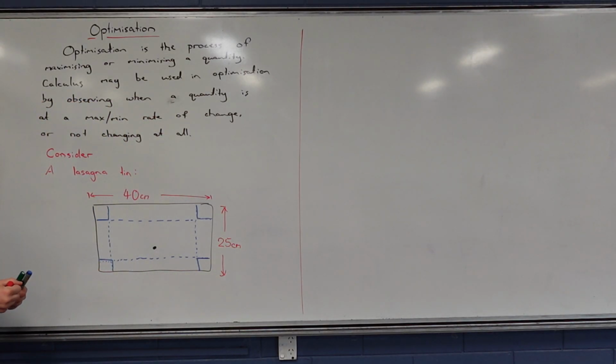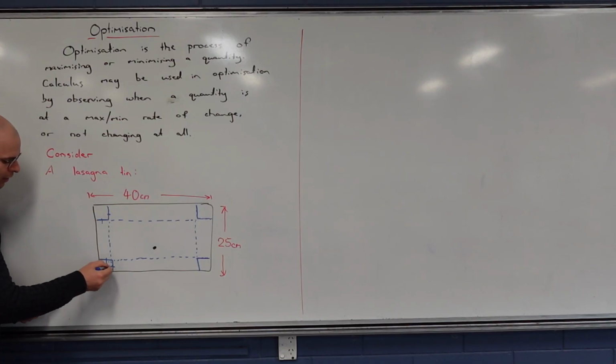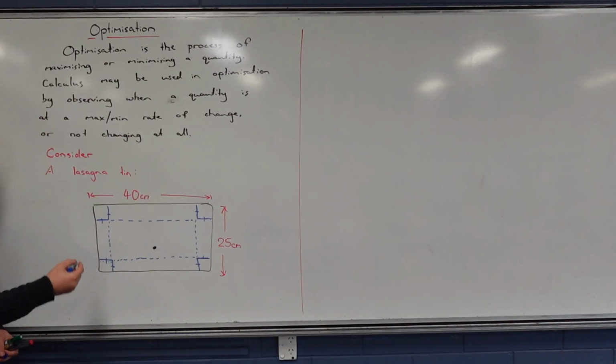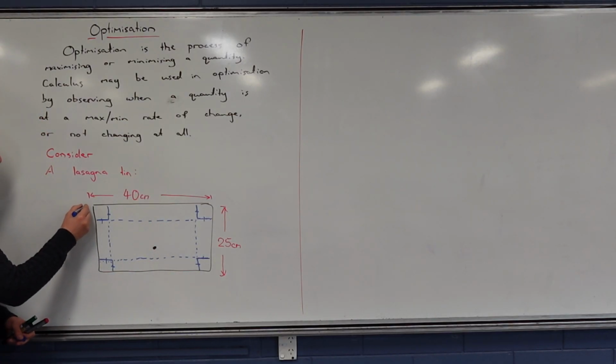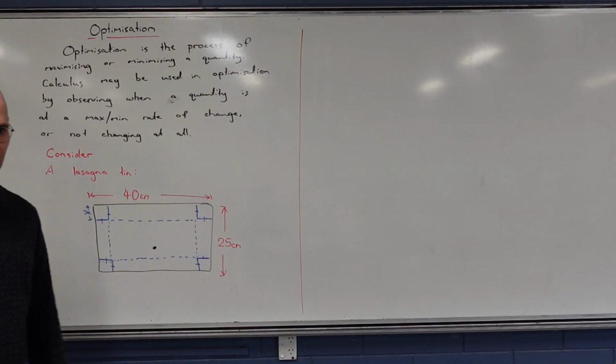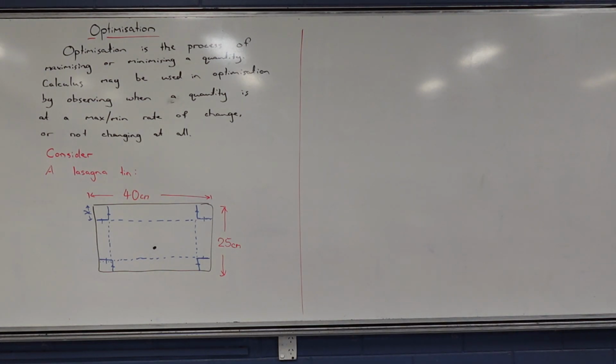And the way in which we punch this out, these are little squares here where they're all equal to one another. The reason for this is if they're not equal, it won't fold into a tin. But we'll say that these squares are X centimeters. The question is, what size should these little squares be? So what measurement of X should we have to get the largest possible volume for our lasagna tin?